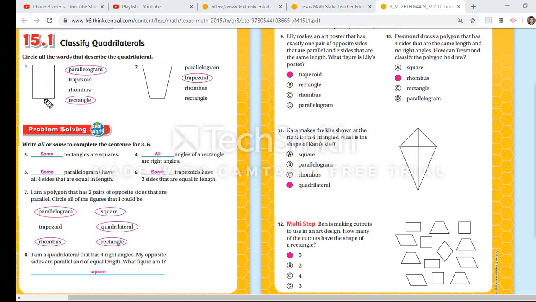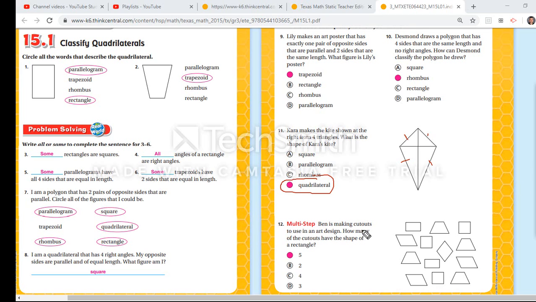Two opposite sides that are parallel to one another, and equal in length, and we don't have that case here. It's not a rhombus, because all four sides must be equal length. So it falls under quadrilateral because it has four sides. Okay, 1, 2, 3, 4.